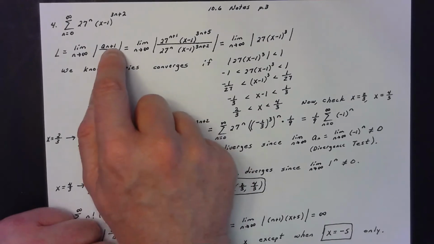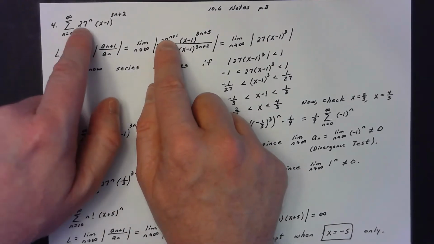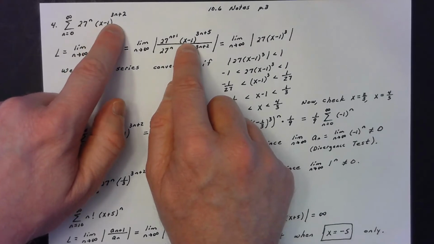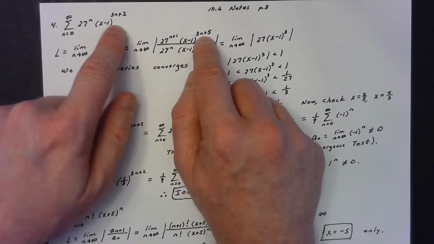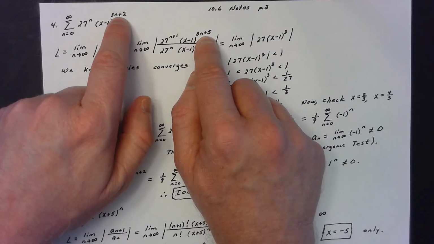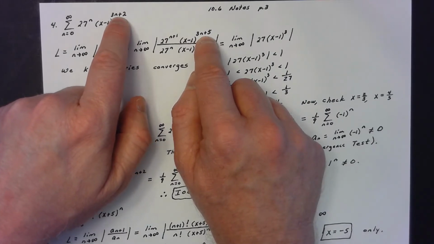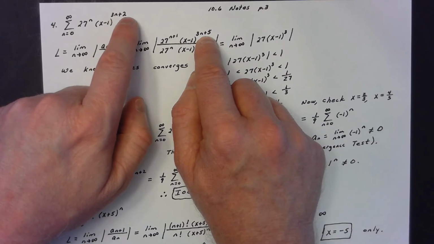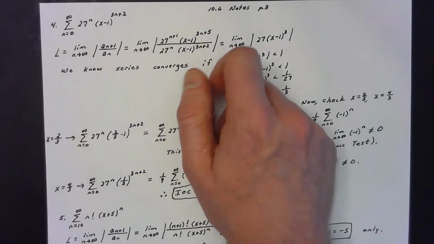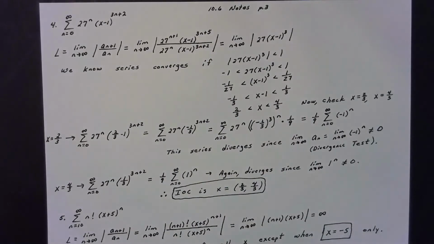So I just said a sub n plus 1 is going to be 27 to the n plus 1 times (x minus 1). Now, please make sure you understand where this exponent came from. I said 3 times n plus 1, that'd be 3n plus 3, plus 2, that gives me 3n plus 5. So that 3n plus 5 came from 3 times n plus 1, and then plus 2.